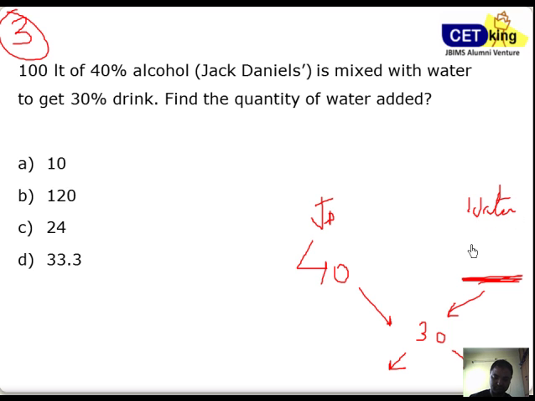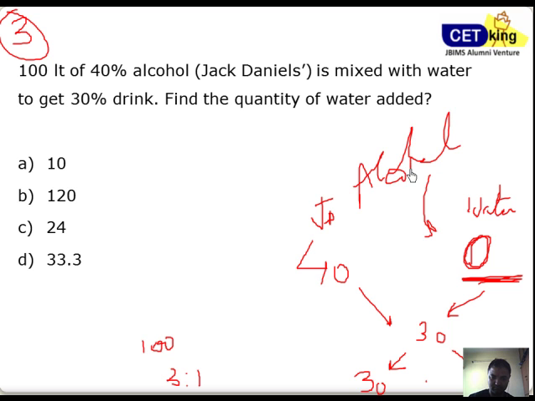In water it's 0%, it's pure water. 0. This minus this is 30. This minus this is 10. So the ratio is 3 to 1. What I am doing is comparing the percentage of alcohol only. In water, alcohol is 0%.